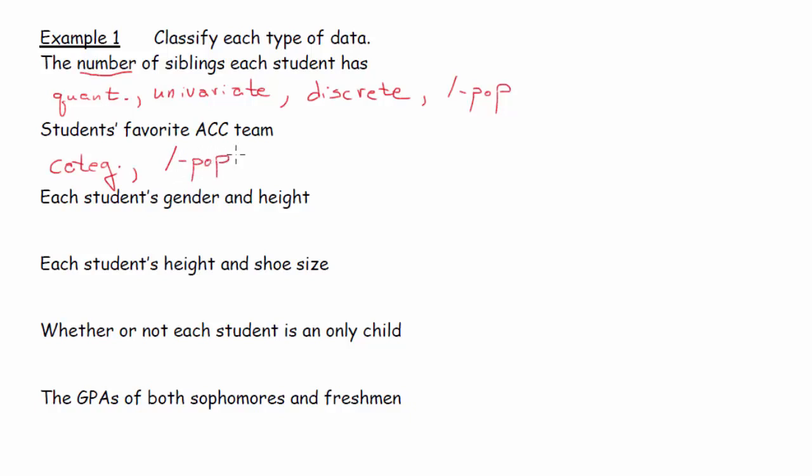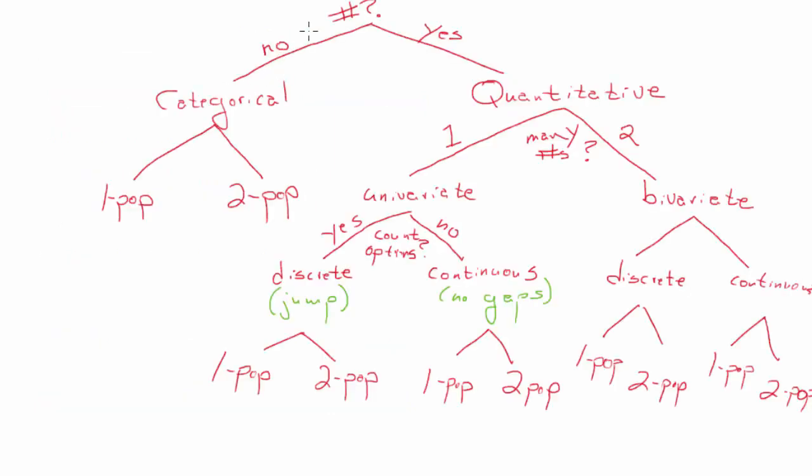Next, each student's gender and height. This is a tough one because gender here is a category, male or female, whereas height here is a number. Let's flip back to our graphic organizer. Am I categorical or quantitative?